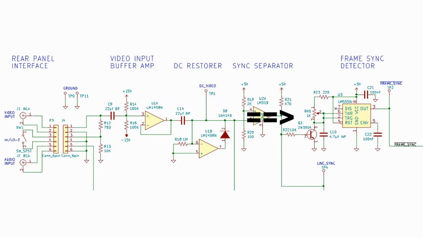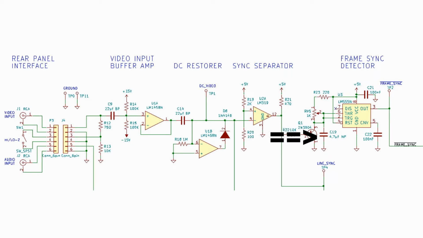The frame sync detector is configured as a missing pulse detector using a 555 timer. The sync for NBTV provides frame sync by leaving out one of the line sync pulses. When line sync pulses are coming one after another every line, they switch transistor Q1 on briefly during the sync pulse, which discharges C19, the 4.7 microfarad capacitor.